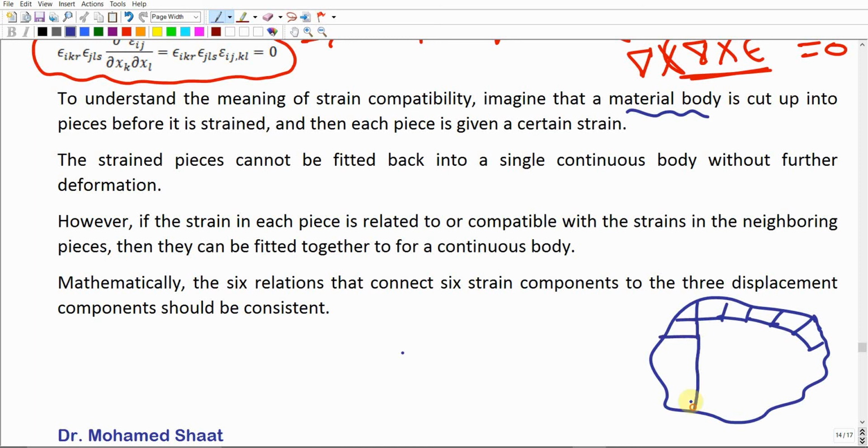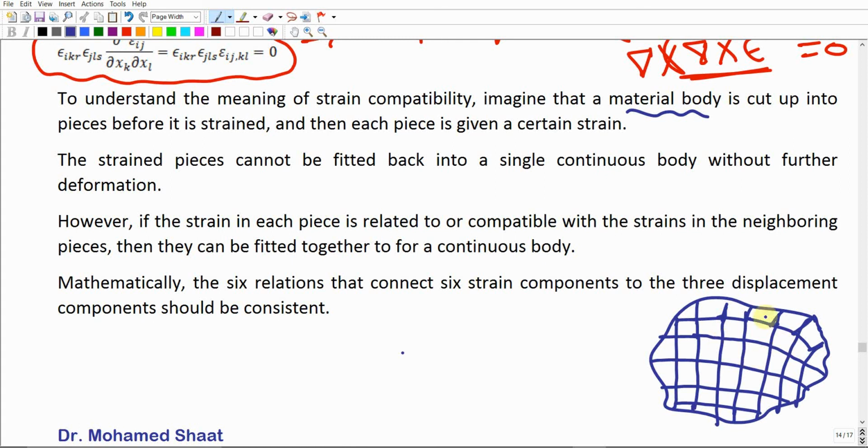Lots of so many elements in this way. Then if this continuum is subjected to some forces, it will be strained. Strained means that there will be some strain fields. There should be some deformation, and the symmetric part of this deformation tensor is going to give us the strain.